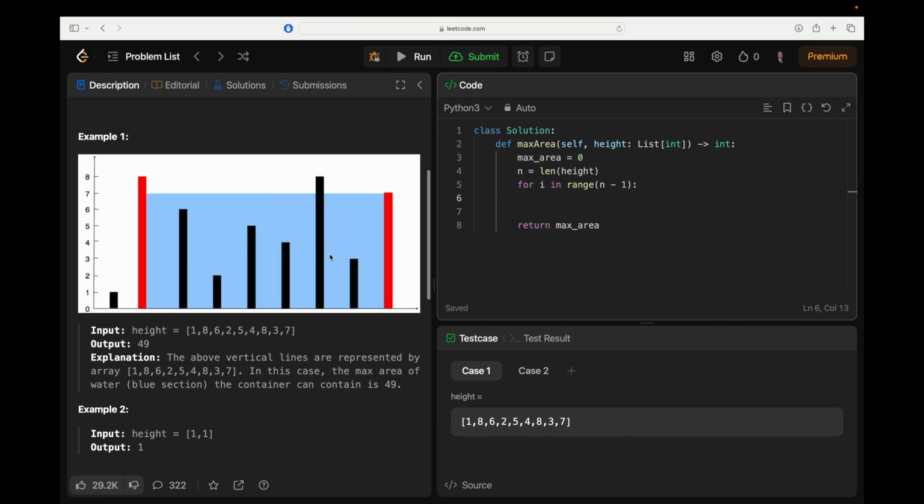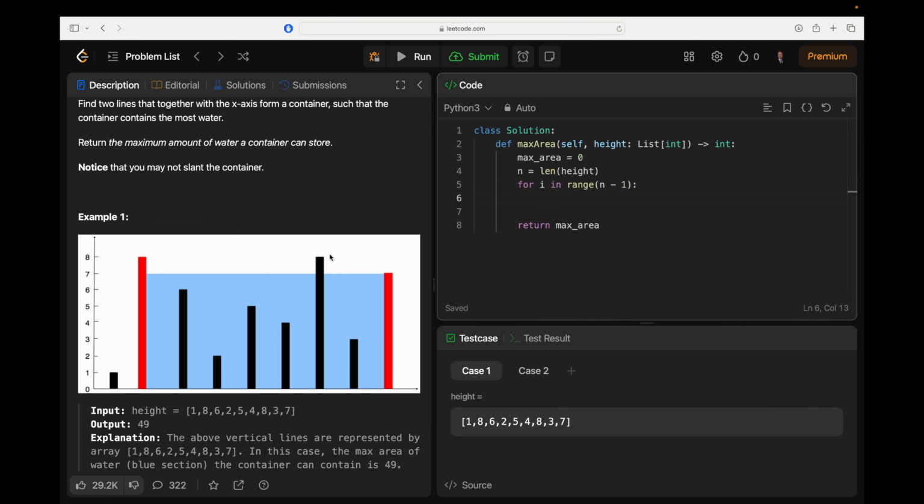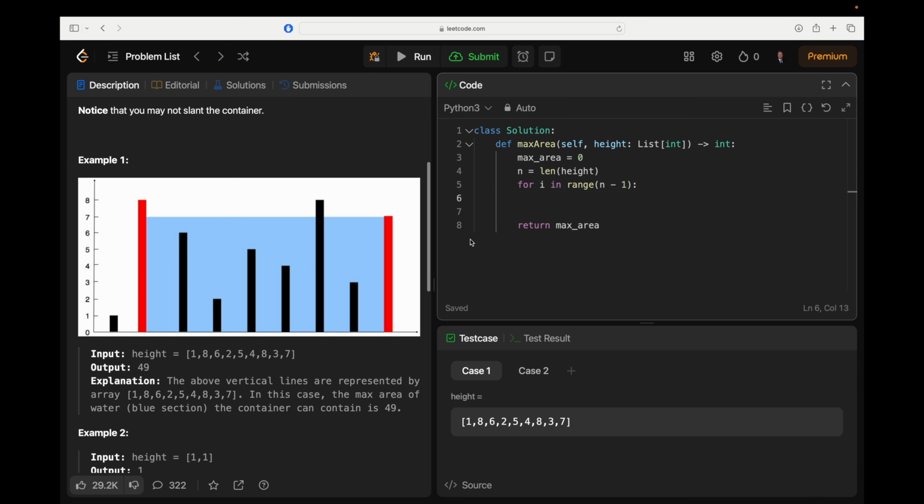Okay. So, pretty straightforward. We're going to just say area. Well, I guess this would be a nested loop, for j in range i plus 1, n.